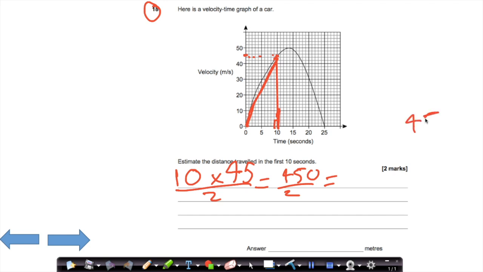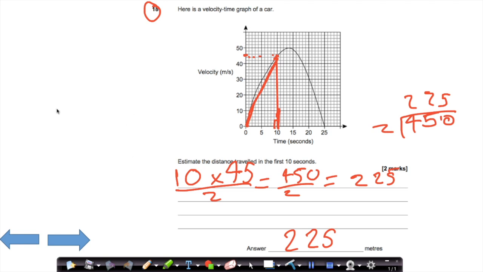If we don't have a calculator, if you really want confirmation of that, bus stop: 45 divided by 2. How many 2's going into 4? 2, remainder 1, how many 2's going into 10? 5. So your answer here, 225. 225, and it's given us meters, so we don't even need to worry about that. So 225. That is all 2 marks.